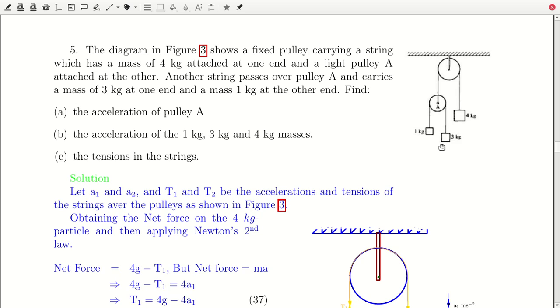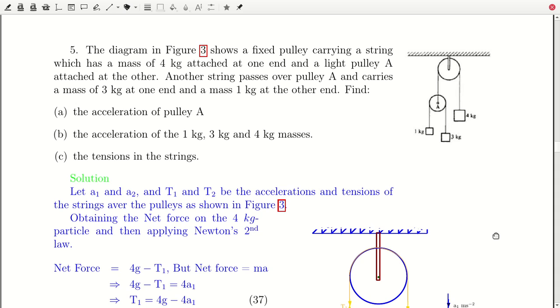As usual, we expect to be asked the accelerations of each of these particles, 1 kilogram, 3 kilogram, 4 kilogram, and pulley A, and also to determine the tensions in each of these strings.